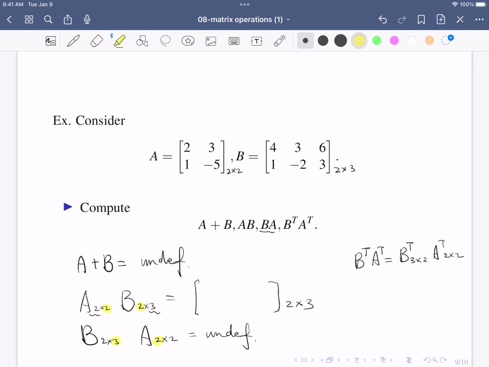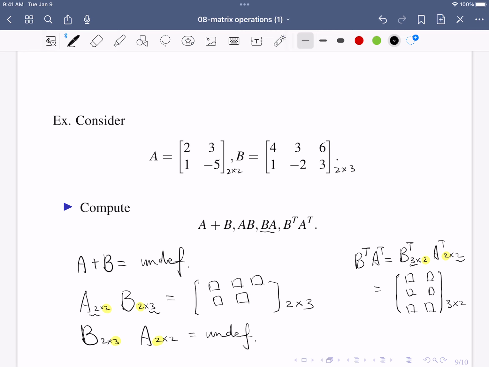The second component of B transpose and the first component of A transpose are both 2. So we can do the multiplication, and it gives a matrix of 3 by 2. So you need to determine 6 numbers, but with 2 columns and 3 rows. Here, 3 columns but 2 rows.